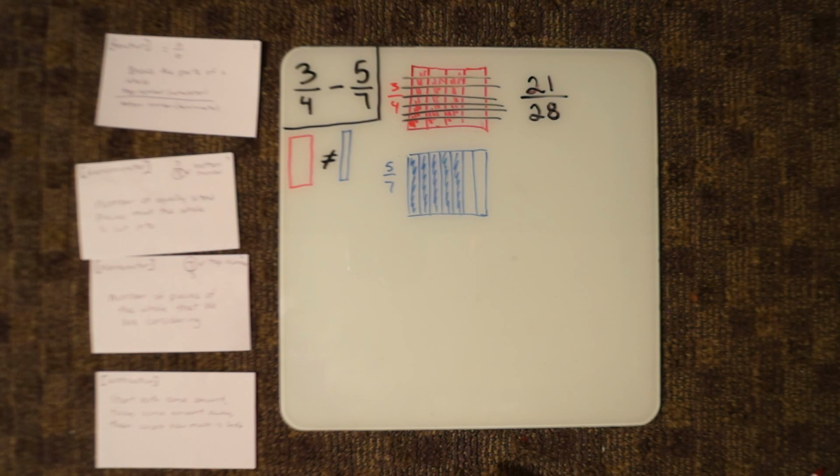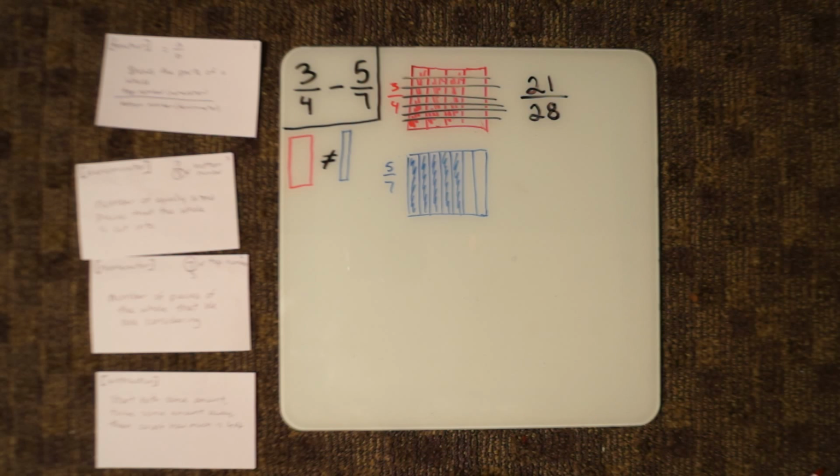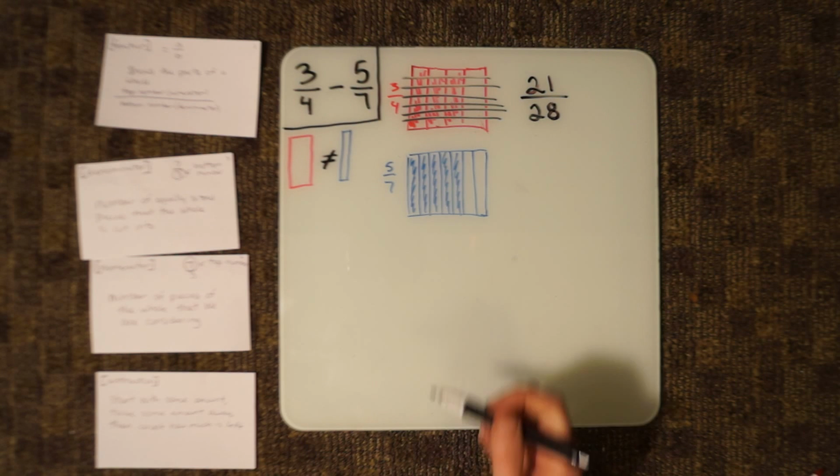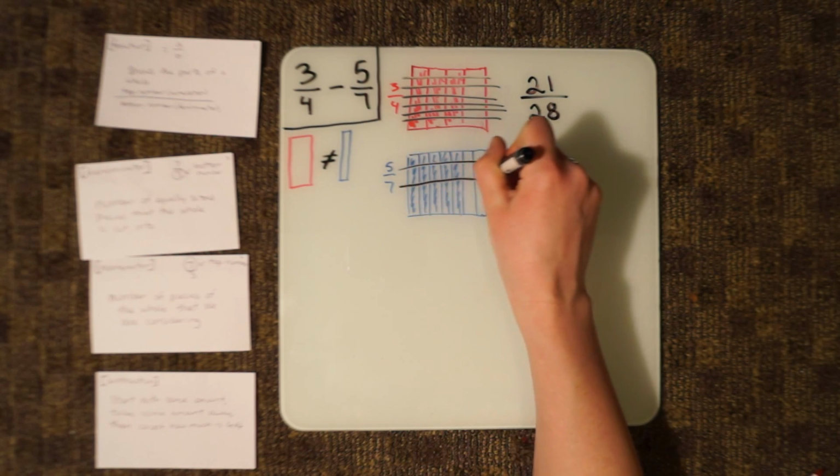Now, we have 28 in the denominator, and we need to make sure that this 5/7 is split into 28 pieces as well, so that our whole has the same number of equally sized pieces. In order to do that, we can slice this into 4.